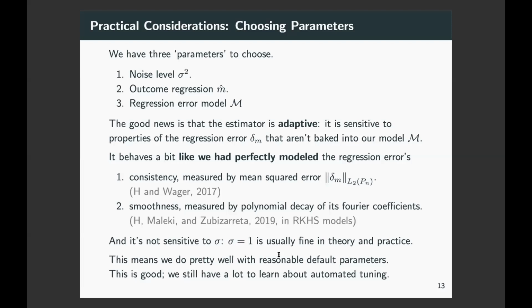And we have the same deal for the noise level sigma. The estimator isn't too sensitive. You can of course screw it up if you throw sigma 10,000 in there, but in practice we usually just use sigma 1, and it works pretty well, and the theory is basically justified.